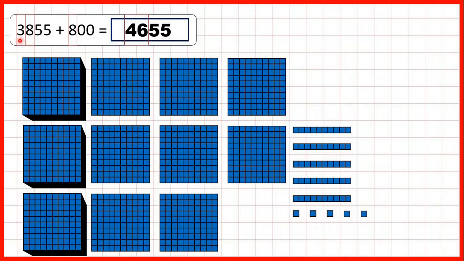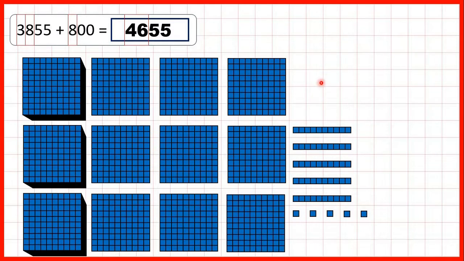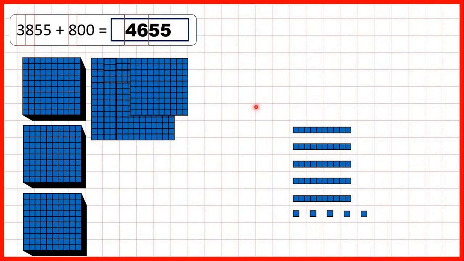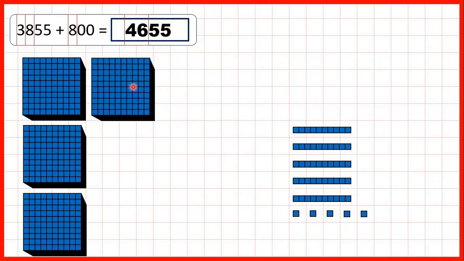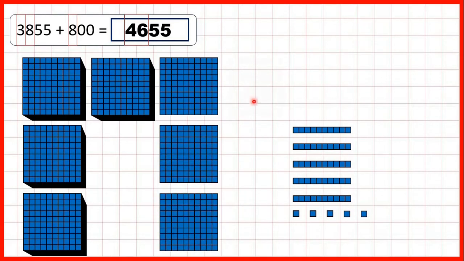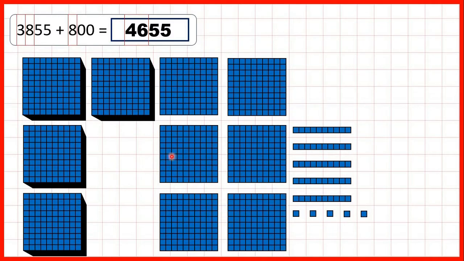And finally, we have 3,855. We need to add 800, but if we add 1, 2 hundreds, we can then exchange the 10 hundreds we have for one extra thousand. Then we can add 3, 4, 5, 6, 7, 8 hundreds, and you can see that now in our answer we have 4 thousands and 6 hundreds.